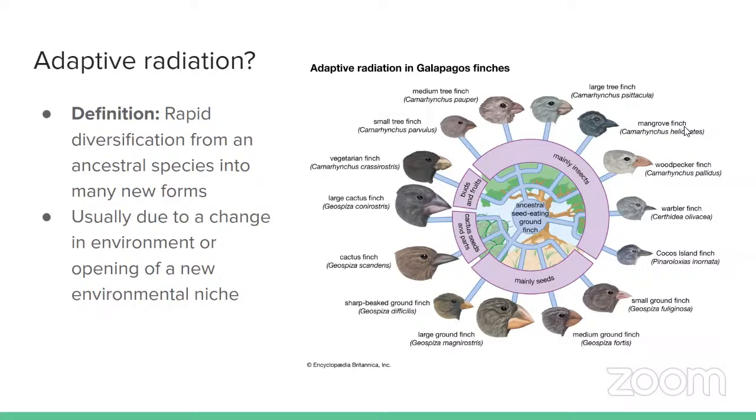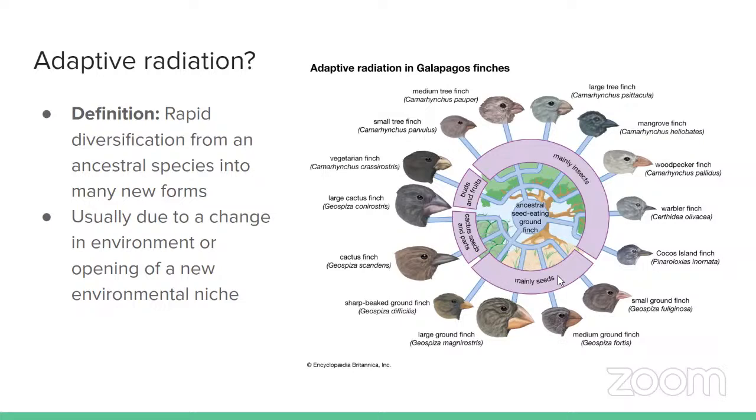Classic example is the Galapagos finches. So here we see a phylogeny of our Galapagos finches. So we see evolution from some sort of ancestral seed-eating ground finch into many diverse finches that we see in the Galapagos Islands. We can see that they have diverse niches.